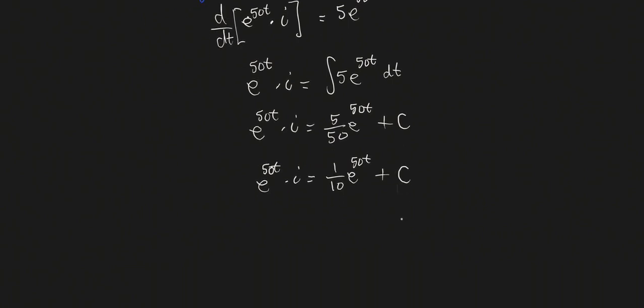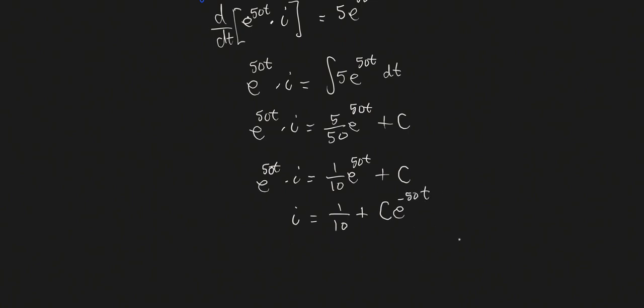Let's see here, divide through by the exponential function, and we'll have I equal to 1/10, since this exponential goes away, plus c e to the negative 50t.